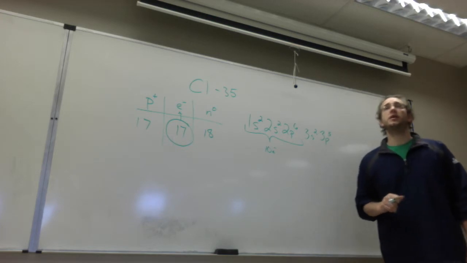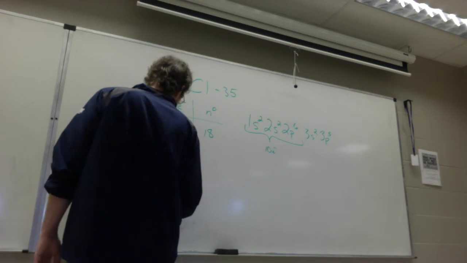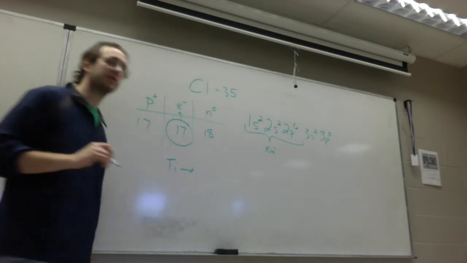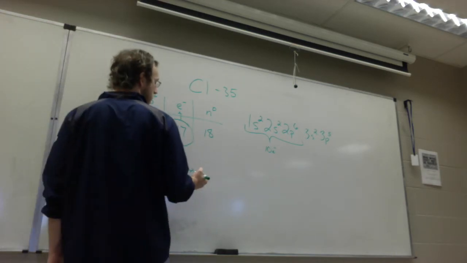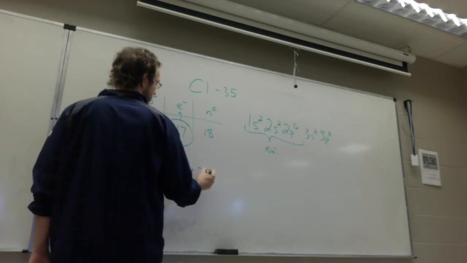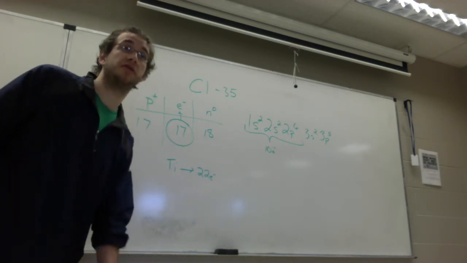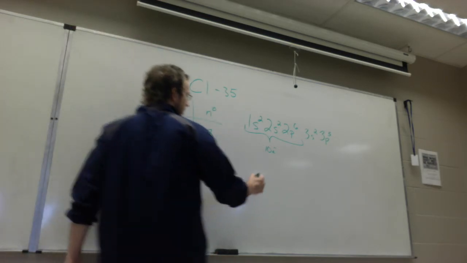Okay. That's when, if we were to look at, say, titanium. How many electrons for a neutral atom of titanium? 22 electrons. You okay on that part? If you assume it's neutral, we've got 22 protons and 22 electrons.